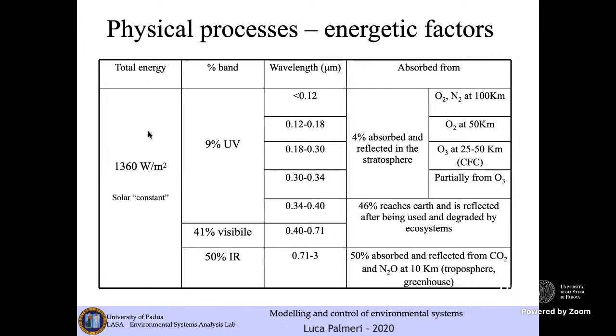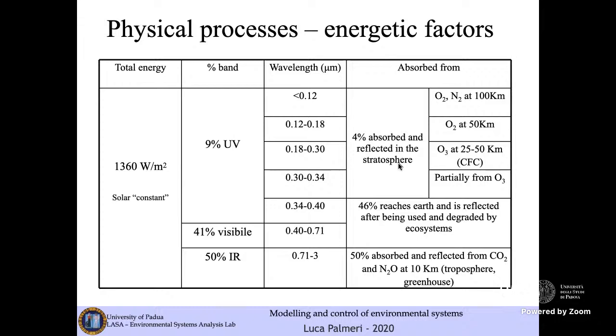This energy is subdivided in terms of spectral bands. 9% is ultraviolet, whose wavelengths are those described here. And of these wavelengths, below 0.34 micrometers, 4% is absorbed and reflected in the stratosphere.